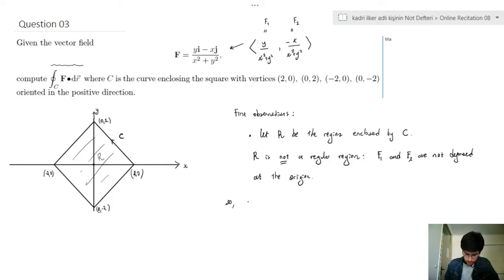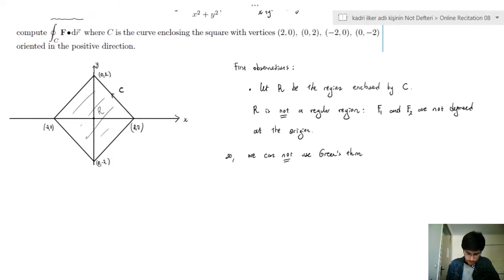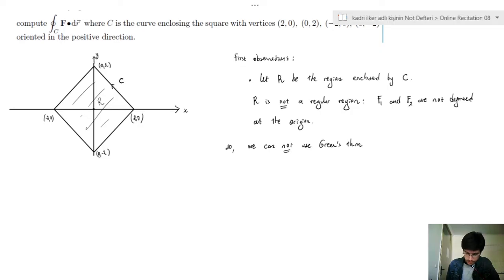So we cannot use Green's theorem yet. To make use of Green's theorem, we need a regular region. Therefore, somehow we have to exclude the origin.